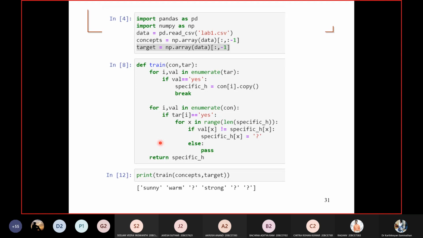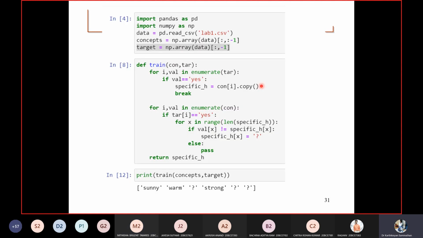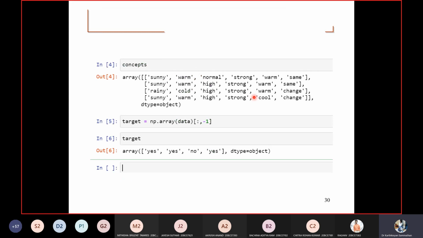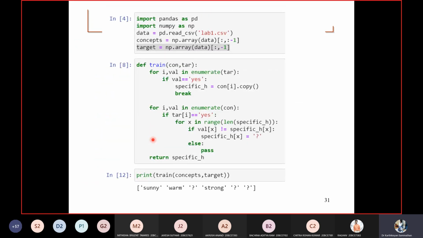Excuse me, sir, I didn't understand the copy line. Could you explain that? Copy line means, I did it for memory referencing purposes, nothing else. Suppose you write it in capital letters, or here sunny with a space, something like that, then you need to change these upper cases into lower case.